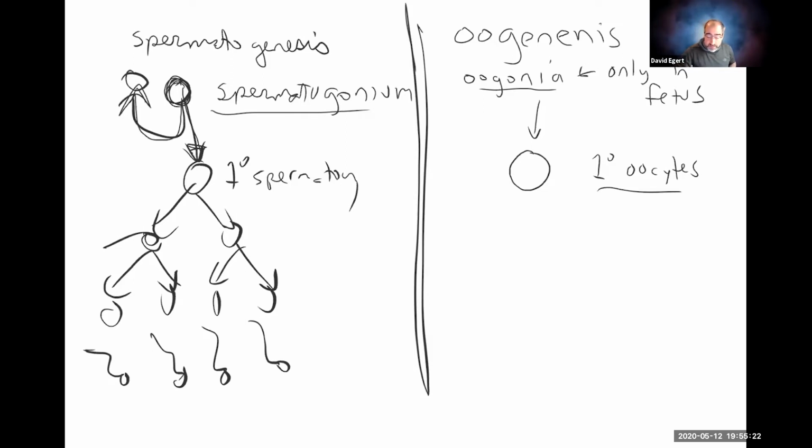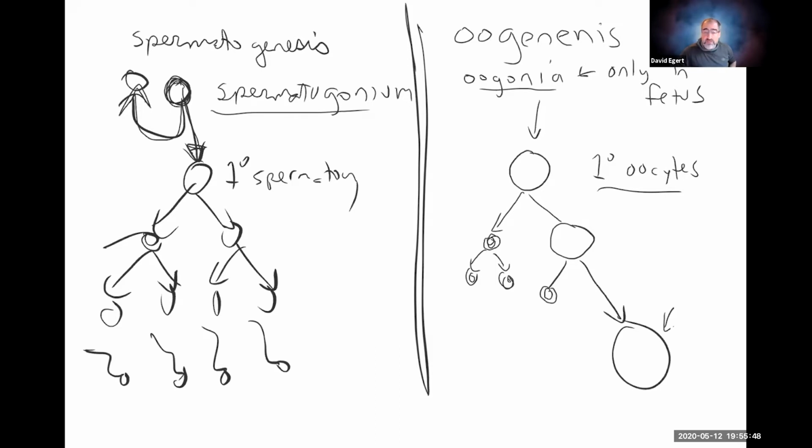So when it goes through meiosis, every time it divides, one cell gets the lion's share of the cytoplasm, and you get a little thing with a little nucleus. When this divides a second time, you end up with basically one viable, mature ovum at the end of the whole process. These little throwaways are called polar bodies.